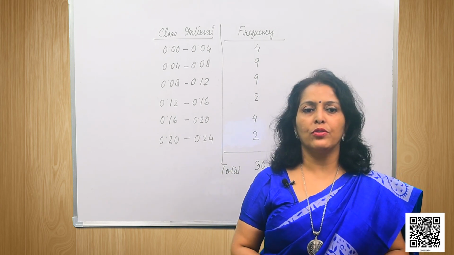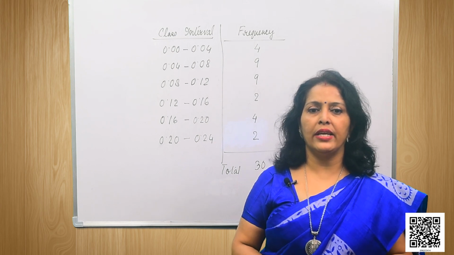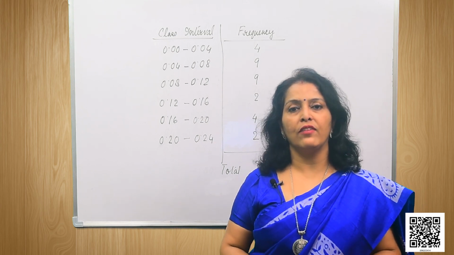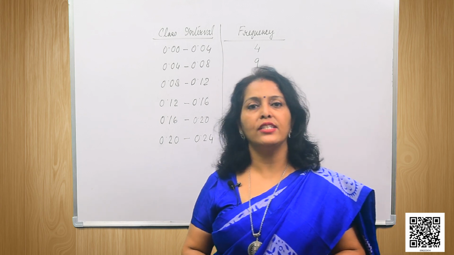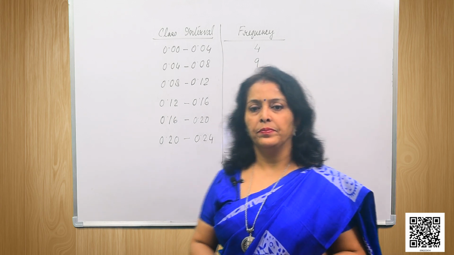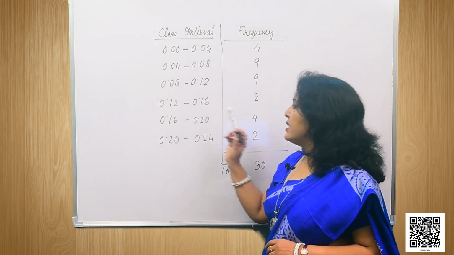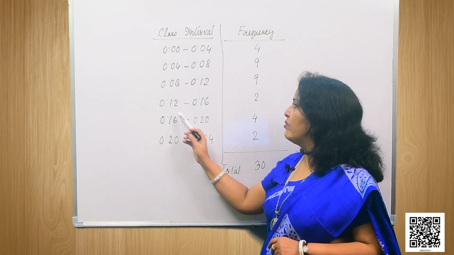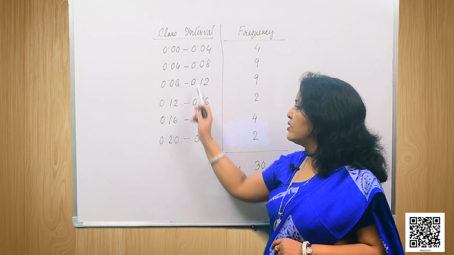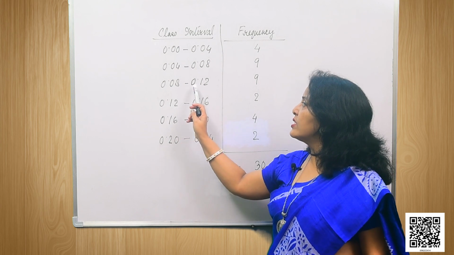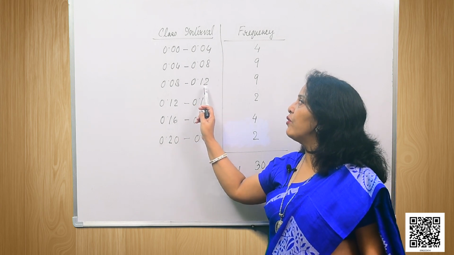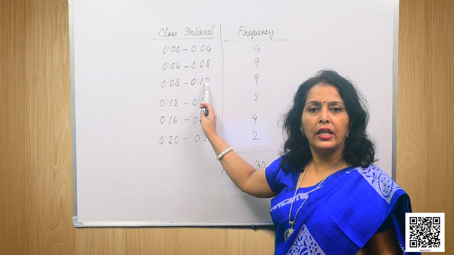Now the second bit of the question was, for how many days was the concentration of sulfur dioxide more than 0.11. Since it is more than 0.11, we are not taking up to this, we are coming to this portion, because here the upper limit was 0.12 and that will not be included.